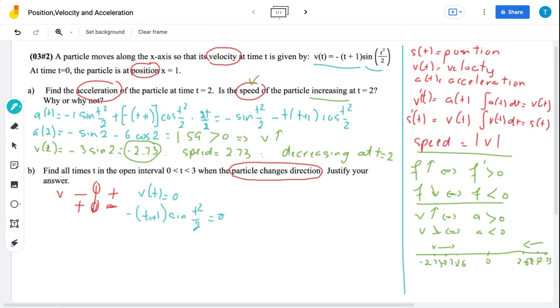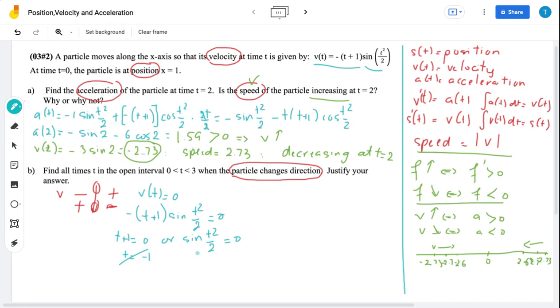That means t plus 1 equals 0, or sine of t squared over 2 equals 0. But the first one gives t equal to negative 1, and we don't accept this case. So sine of t squared over 2 equals 0.